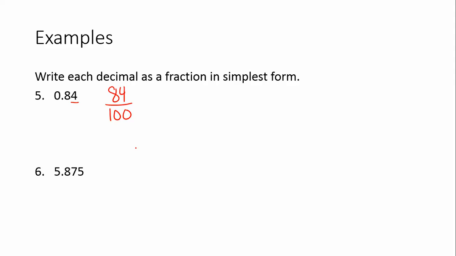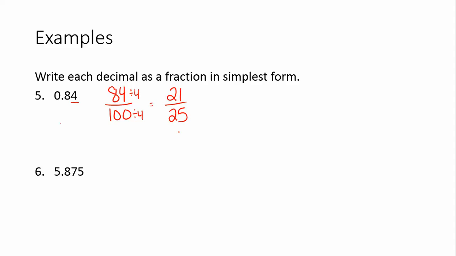You again could start with 2, or maybe you recognize that 4 goes into 84 and 100. So if we divide the top and the bottom by 4, all we're doing is reducing the fraction. We get 21 over 25. So 0.84 can be written as a fraction, 21 over 25.